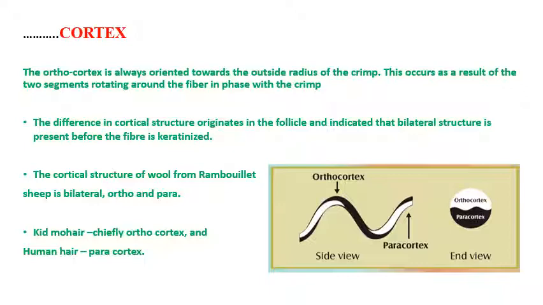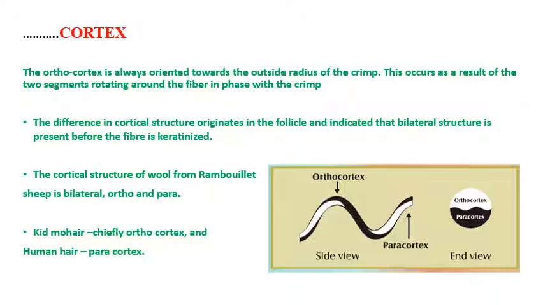The difference in cortical structure originates in the follicle and indicates that the bilateral structure is present before the fiber is keratinized. That is, it is a genetically coordinated characteristic coming from the follicle. The cortical structure of wool from Rambouillet sheep is bilateral, that is ortho and para.